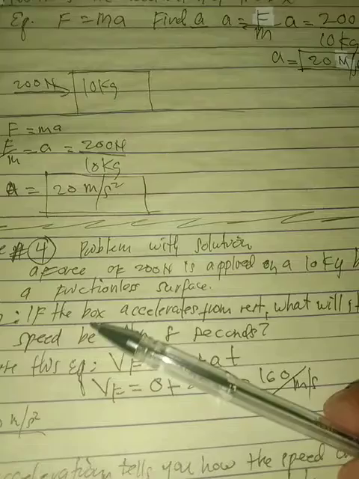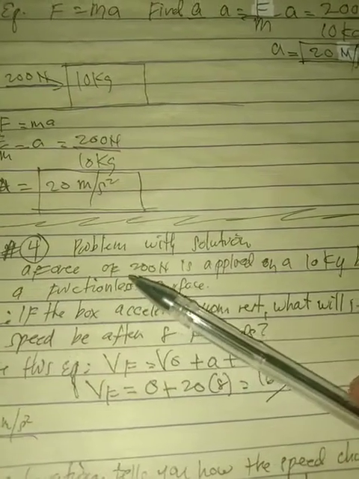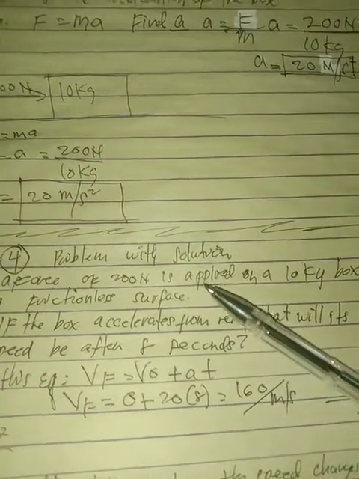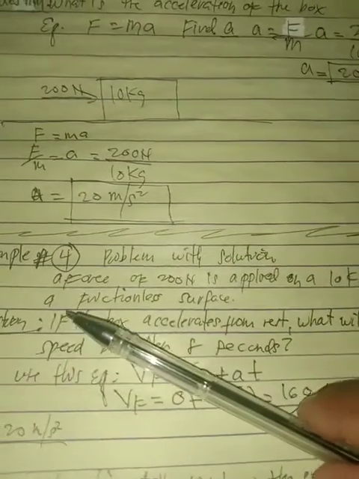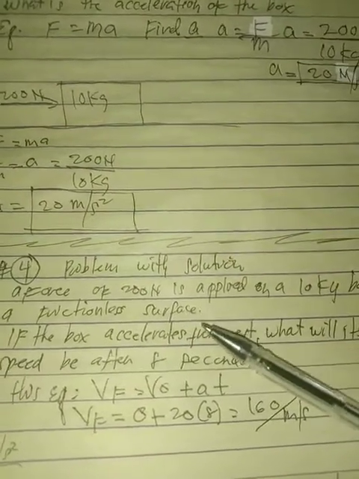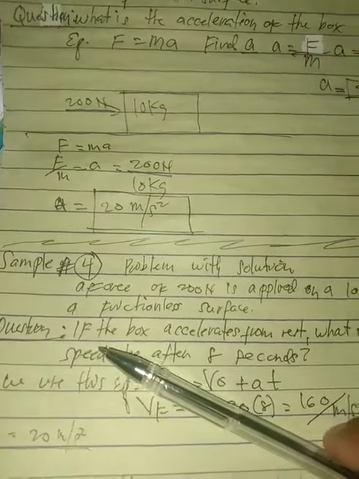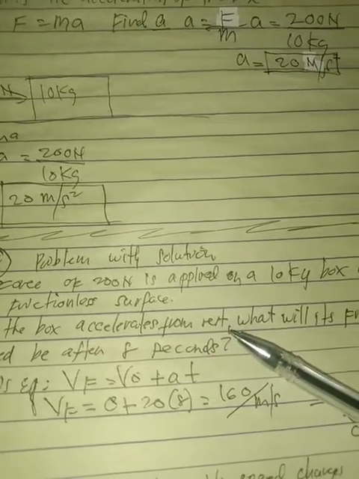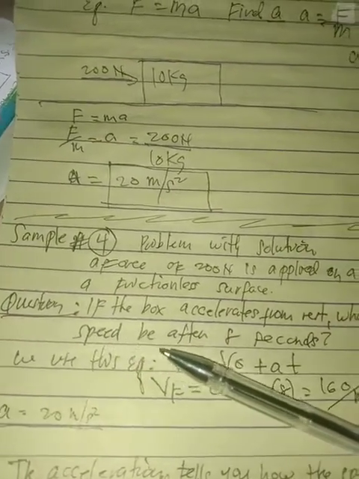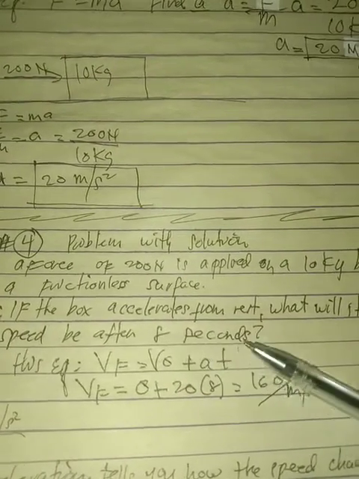Same problem but different question. A force of 200 newton is applied on a 10 kg box across a frictionless surface. The question is, if the box accelerates from rest, what will its final speed be after 8 seconds?